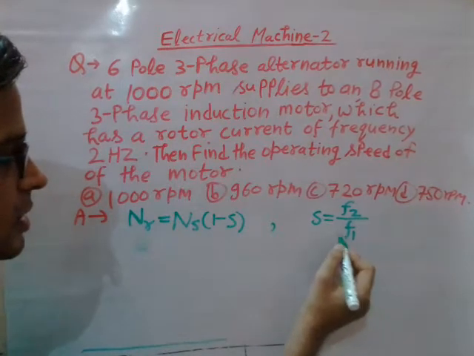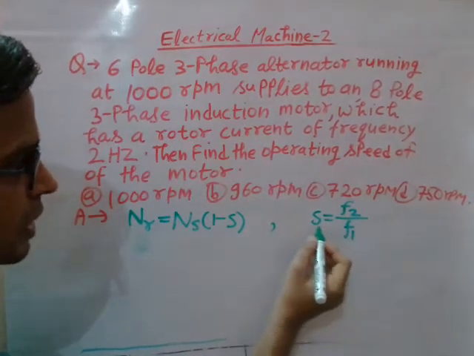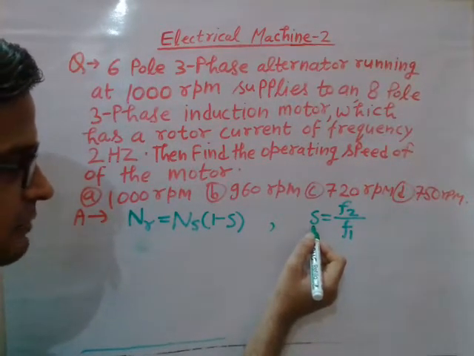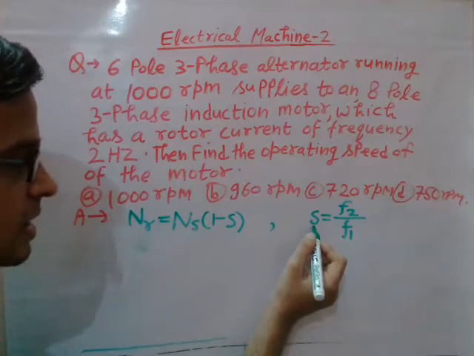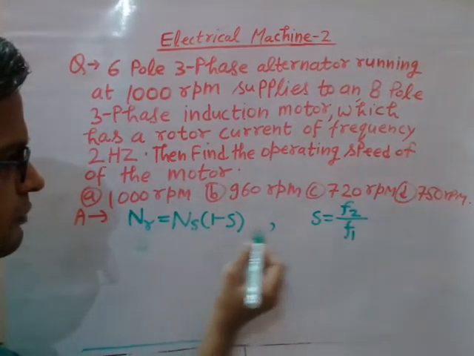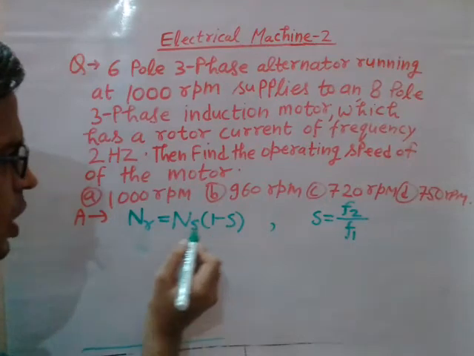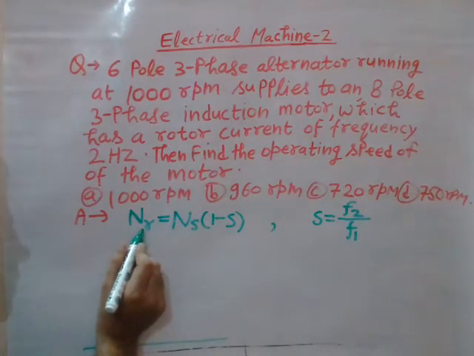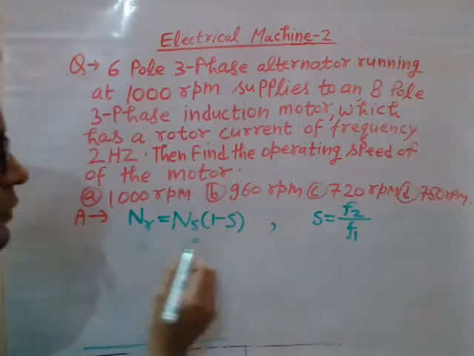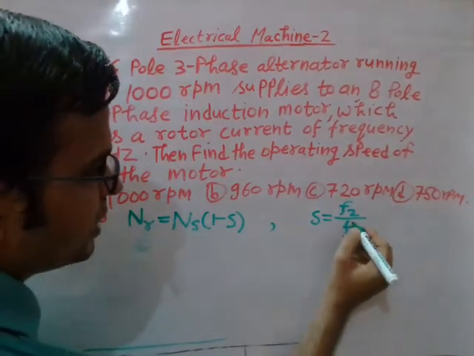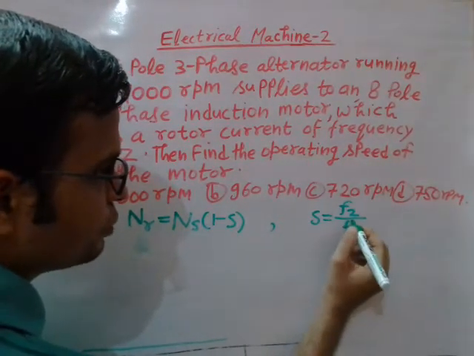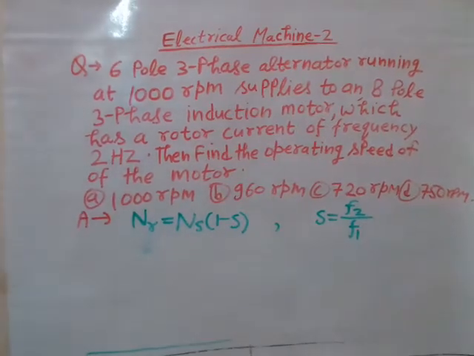If F1 is not given, you cannot calculate slip S, and if you cannot find slip S, then you cannot find the rotor speed NR. So first of all, your effort should be to calculate the supply frequency to the induction motor, F1.